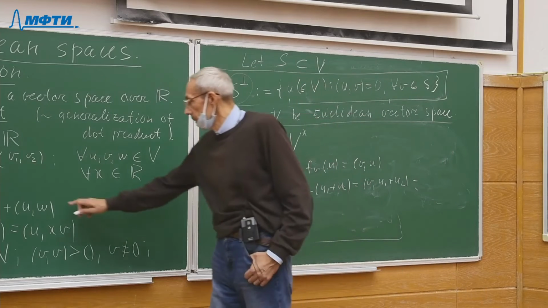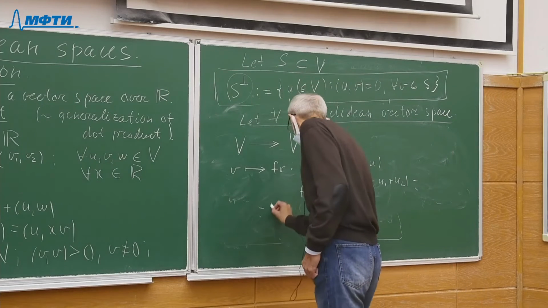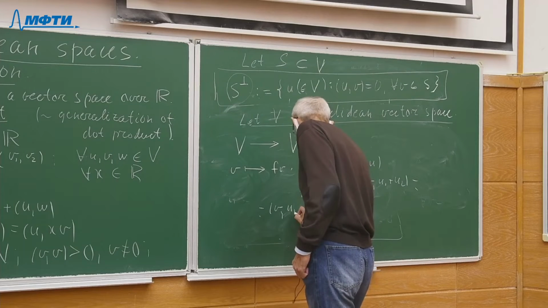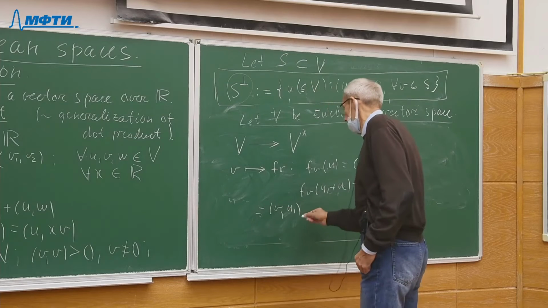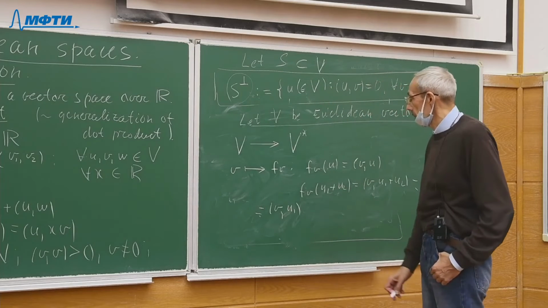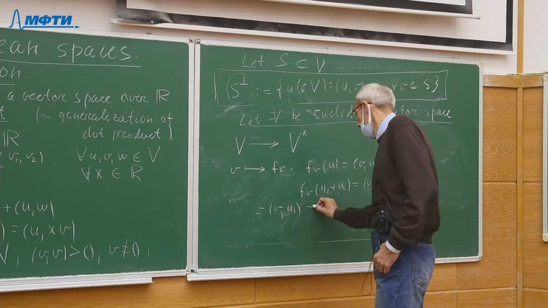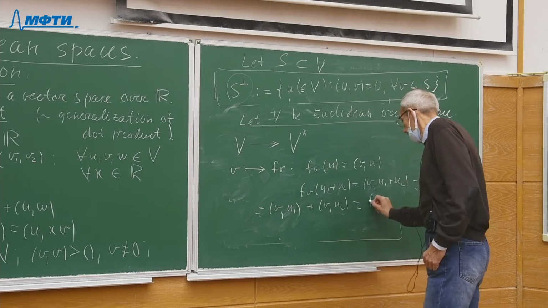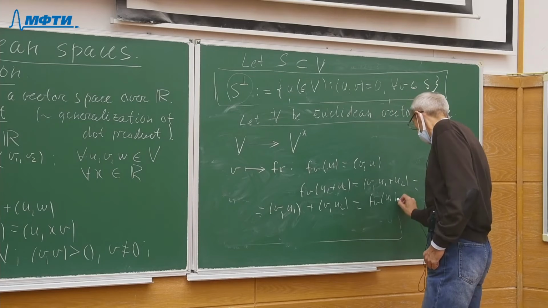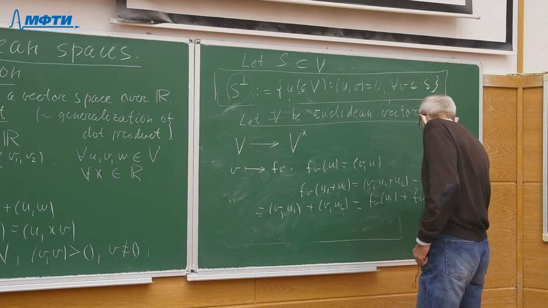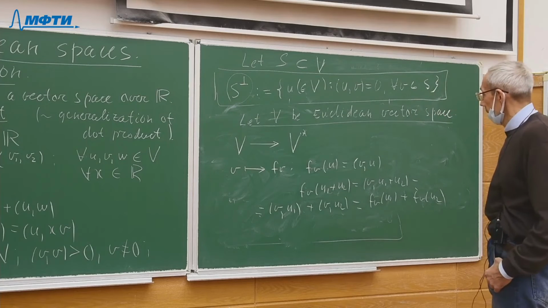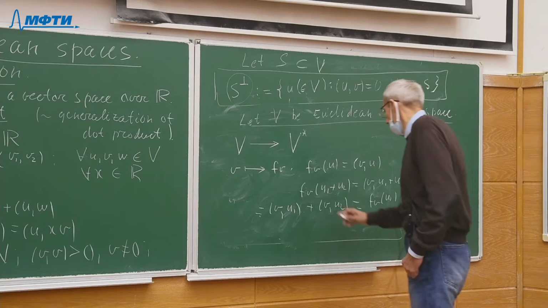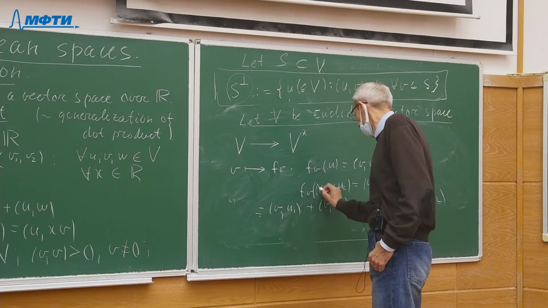Using the property of linearity, we obtain that the last expression is equal to the sum of the scalar products (v, u1) plus (v, u2), which by definition is equal to f_v(u1) plus f_v(u2). And we checked the condition of additivity.